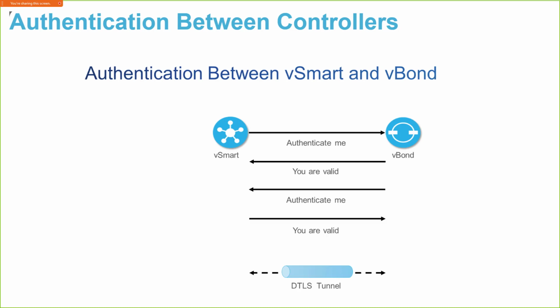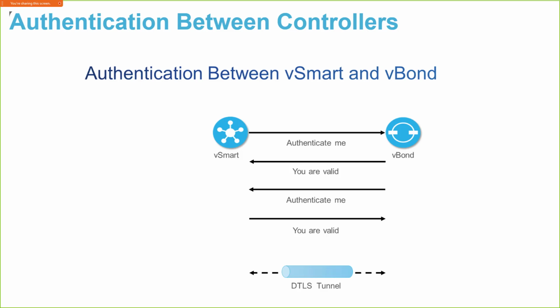And as we described, and that's what this slide is indicating here, when the vSmart controllers, the vBond orchestrators, the vManage NMSs, and the vEdge routers join the network, they're always going to create that provisional DTLS or TLS tunnel between them as part of the authentication process.